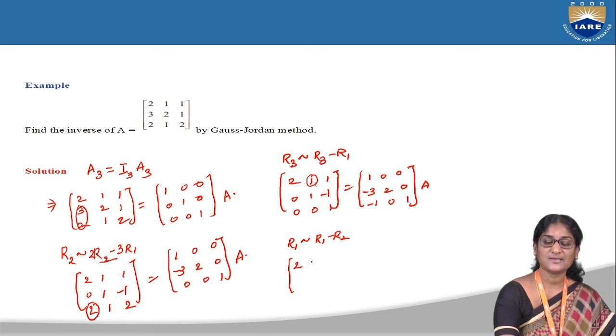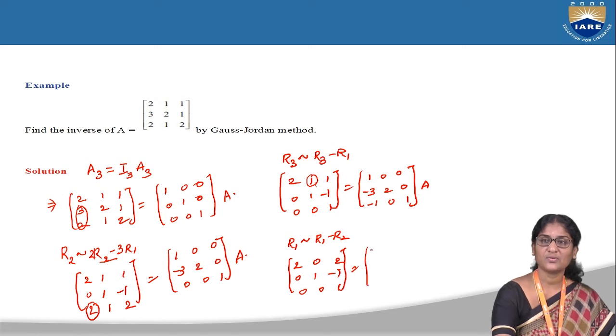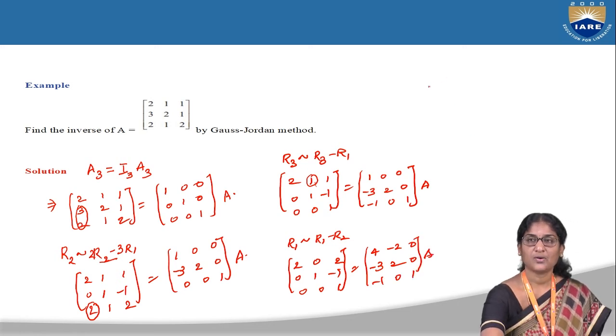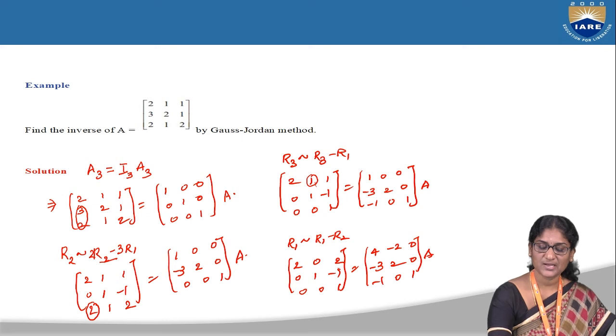So I'll get 2 0 2, 0 1 minus 1, 0 0 1, equal to the same operation done here: 4 minus 2 0, minus 3 2 0, minus 1 0 1, into the matrix A. Right? The next operation is to convert these two to 0.